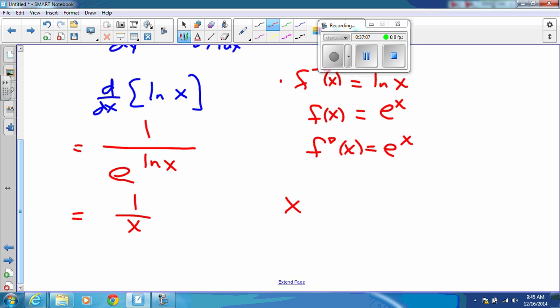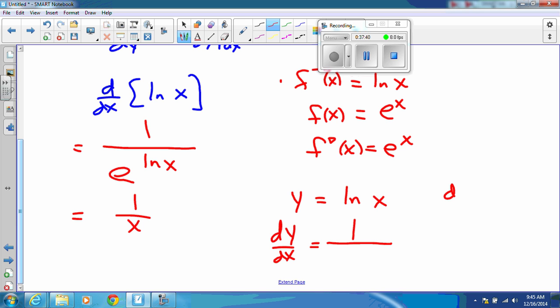If we do it in a Leibnizian fashion, we have y equals ln x, and we are looking for dy dx. So we're going to think of that as 1 over dx dy, which is the rate at which x changes with respect to y.